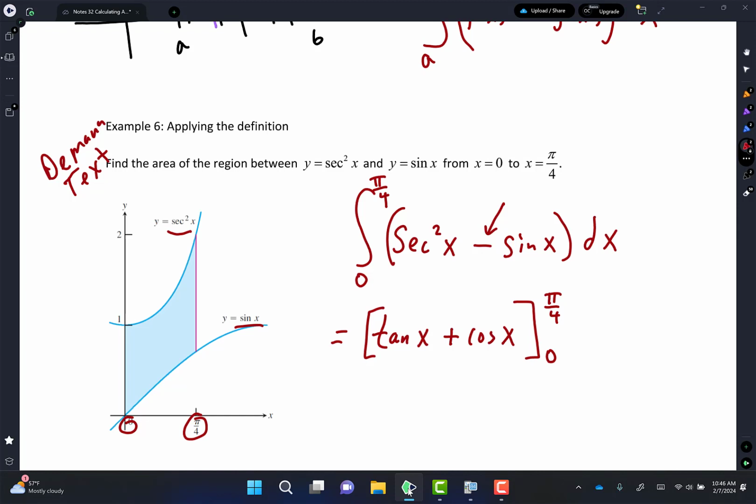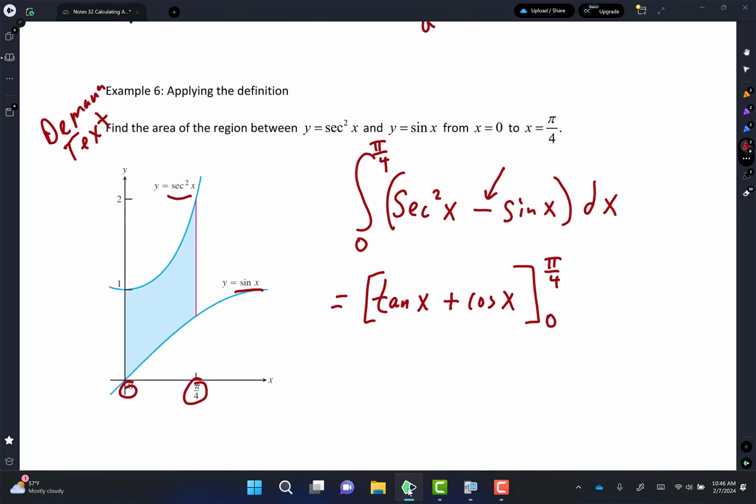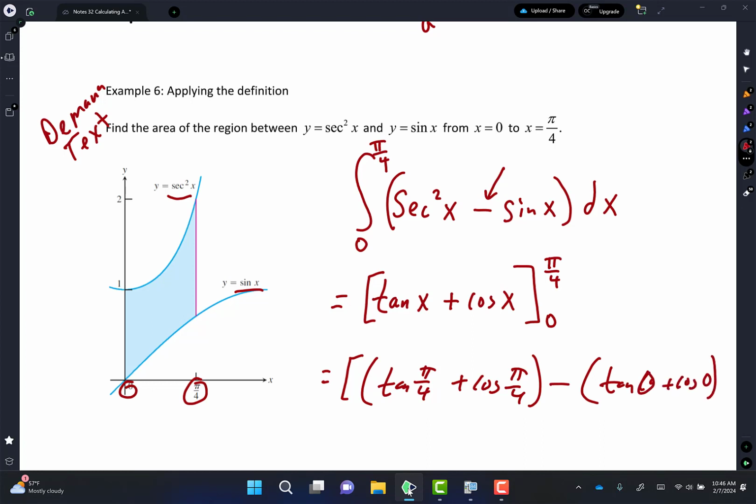All right. All I'm doing now is upper minus lower. That's all you're doing. So here we go. Bracket, giant parenthesis, tan of pi over 4, a little bit of pre-calc, not even extreme, plus cosine of pi over 4, close parenthesis, minus, open parenthesis, tan of 0, plus cosine of 0, close parenthesis, close bracket.